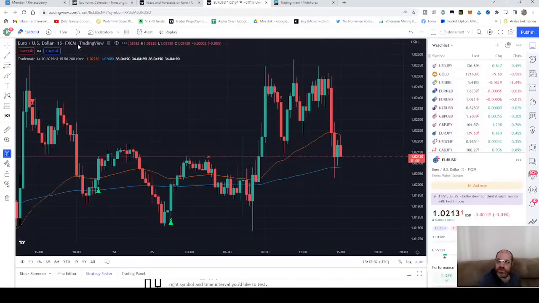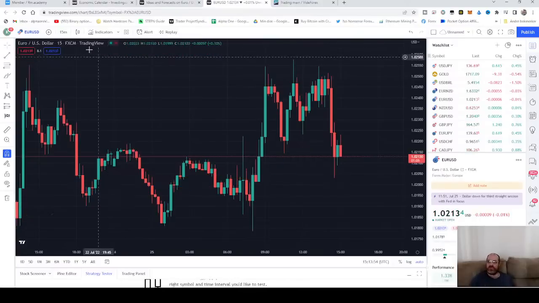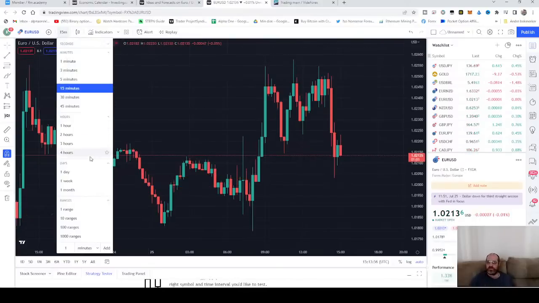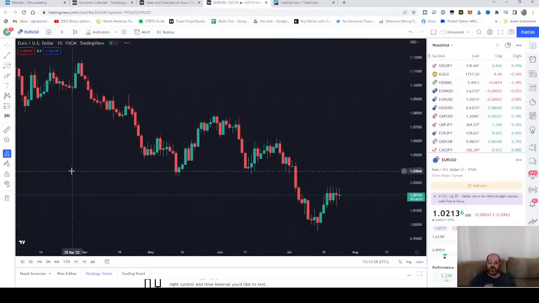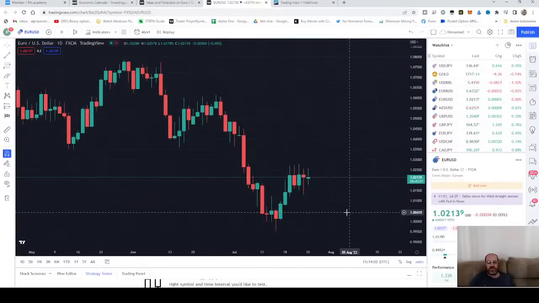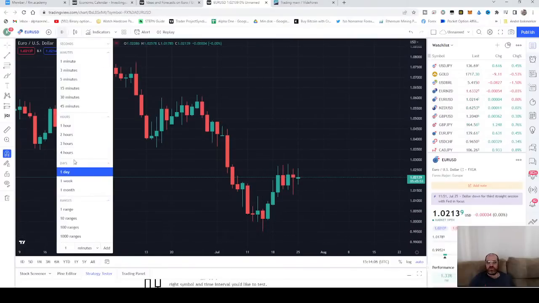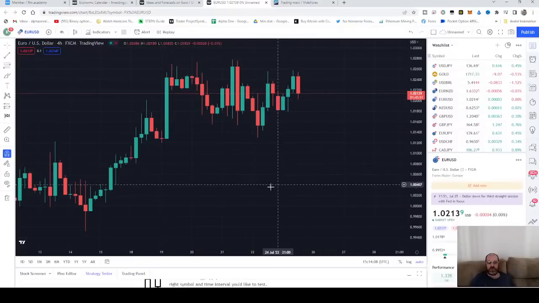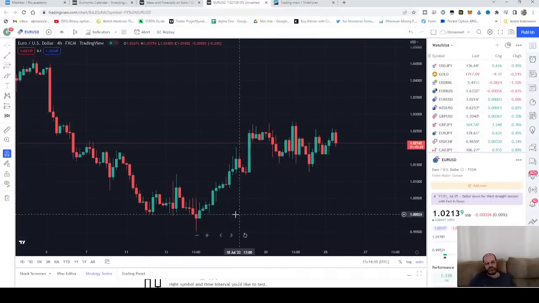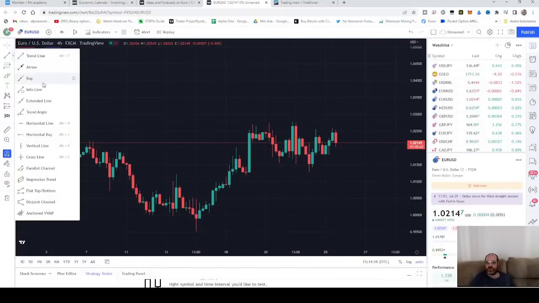So enough with TradeMate. Now let's see if we can do some trading here. So as always, let's go to a one-day chart. We see that we have a very small movement. Let's take it to 4 hours, see if you can see something more clear here. Okay, we can see that we have a support area here.